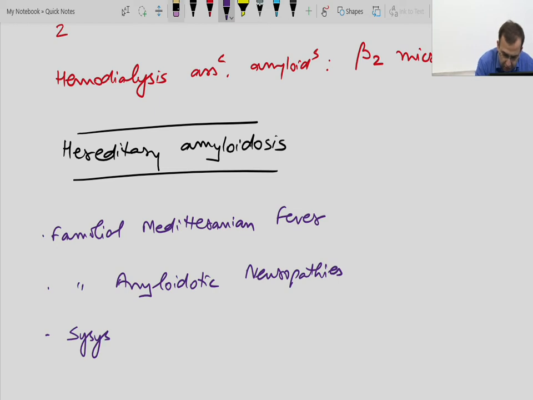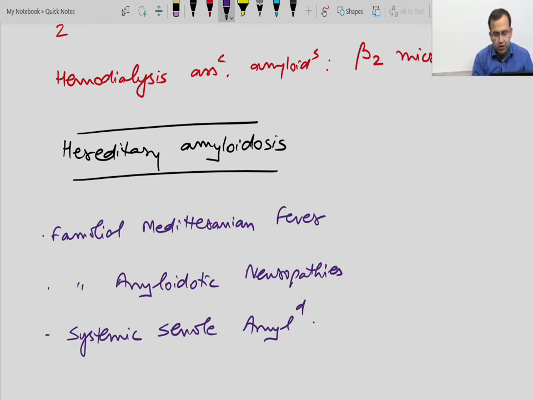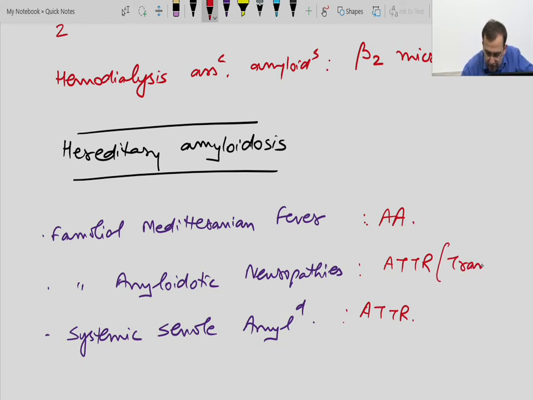Familial Mediterranean fever is associated with deposition of AA, the same as secondary amyloidosis. Familial amyloidotic neuropathies and systemic senile amyloidosis are associated with ATTR, which stands for transthyretin.